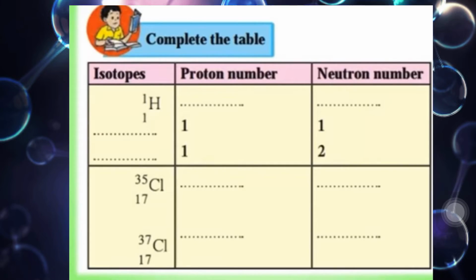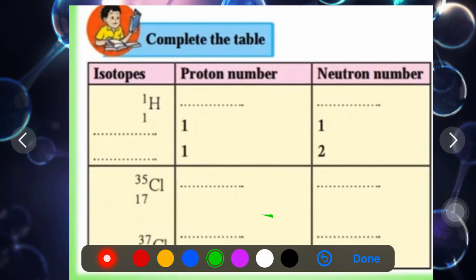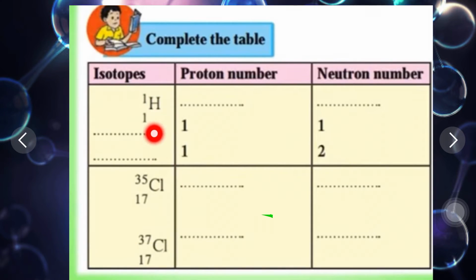So students, again on page number 36 only, there is one table, that is, complete the table. We have seen one table above this, on the basis of which we are going to solve this table. Here isotopes, proton number and neutron number are given.